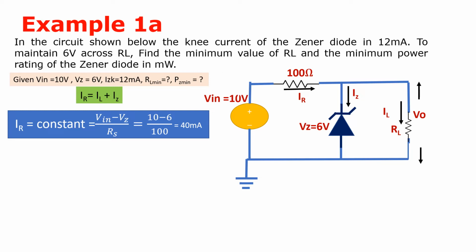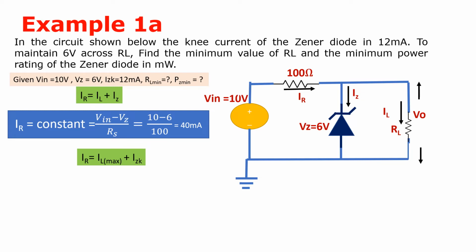And next we will calculate the series resistor current, which is constant because my input is constant, Vz is constant, and Rs is constant. So we can calculate IR. It is 40 milliamps. Now IR is IL max plus IZK. So we will consider a minimum Zener current and maximum load current.